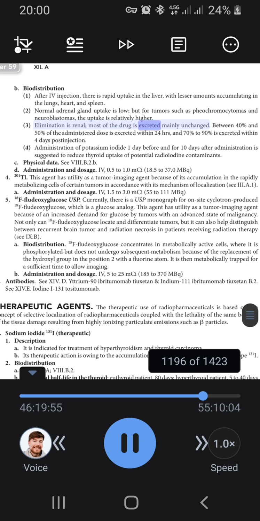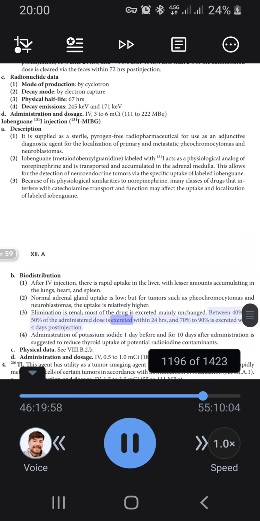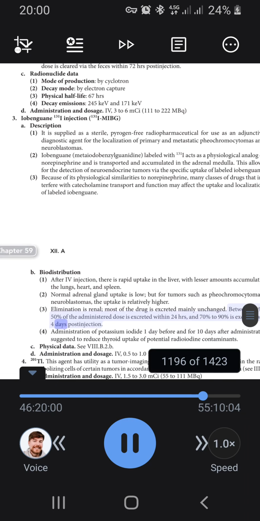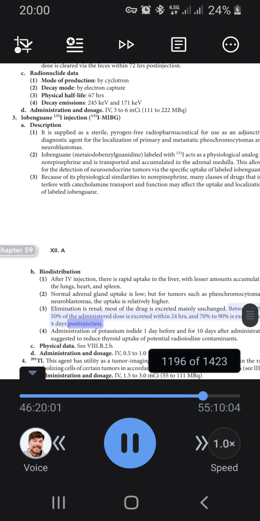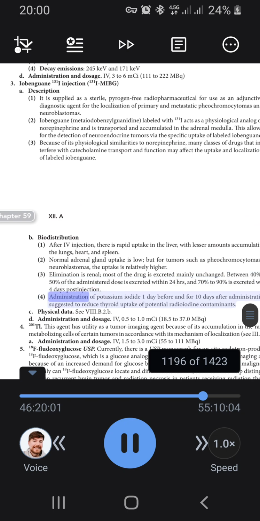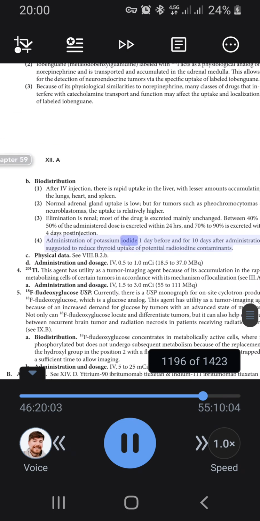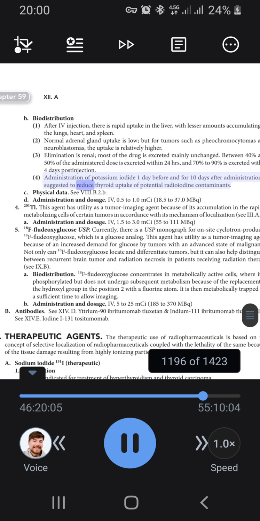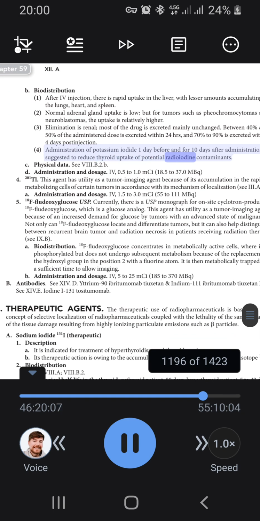Most of the drug is excreted mainly unchanged. Between 40% and 50% of the administered dose is excreted within 24 hours, and 70% to 90% is excreted within 4 days post-injection. 4. Administration of potassium iodide 1 day before and for 10 days after administration is suggested to reduce thyroid uptake of potential radioiodine contaminants.